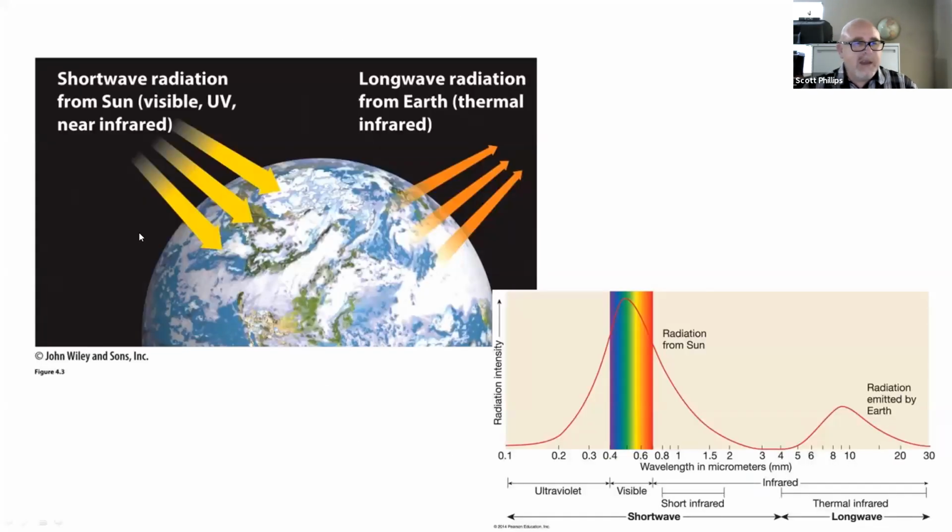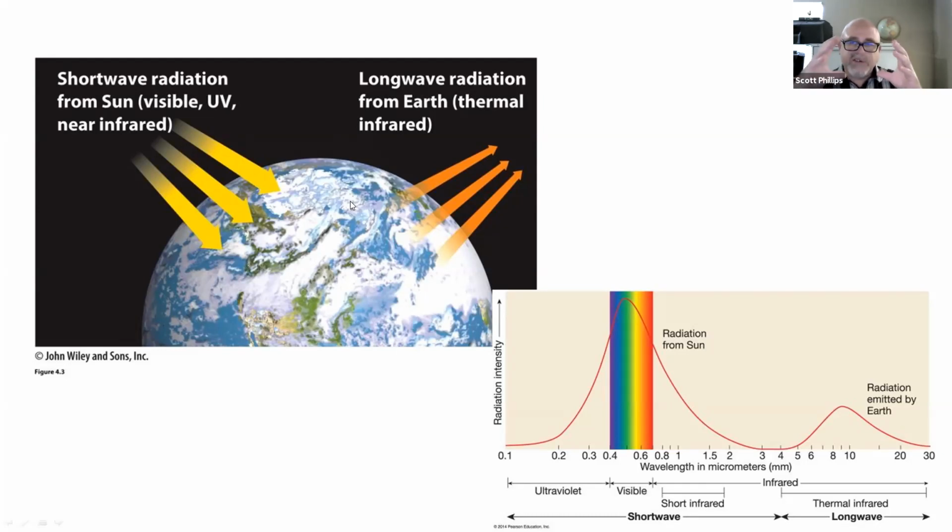All right, so just to recap, we have the shortwave radiation from the sun, primarily visible light, a little bit of ultraviolet, and a little bit of near infrared, near infrared being just beyond what we can see with our eyes. And then we have longer wave radiation being emitted out from the Earth. This is what we call thermal infrared. It's well beyond red, but it's like night vision: what those are measuring is this type of thermal infrared.